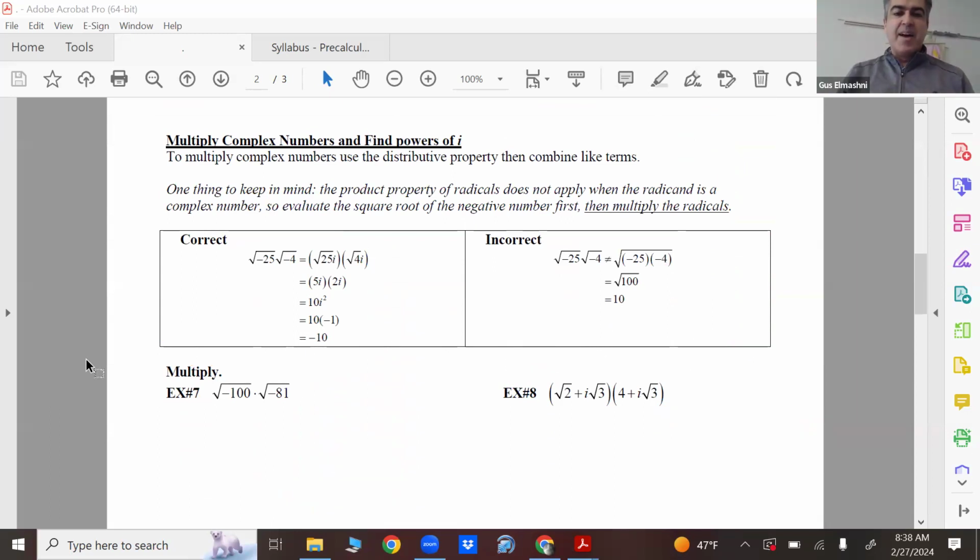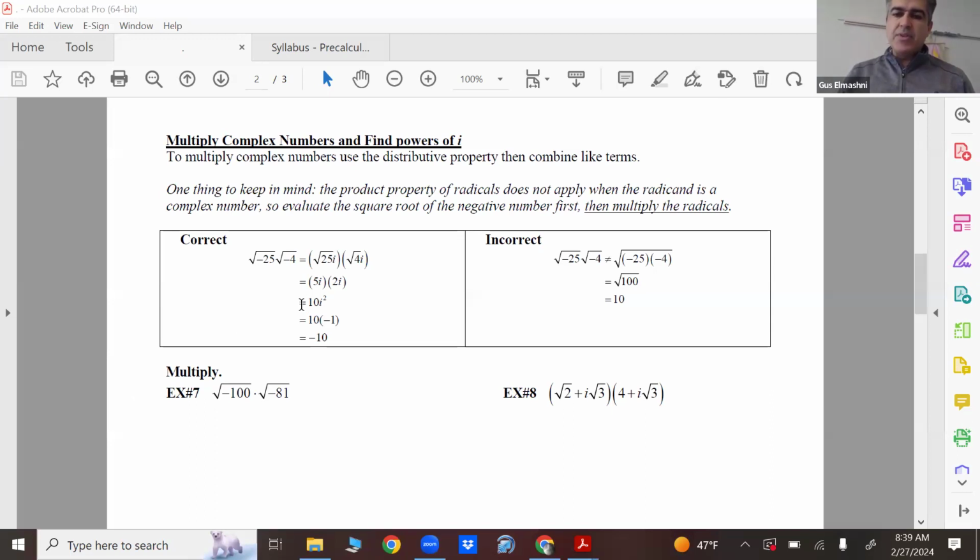So, all right. Anyway, multiplying complex numbers. It's just like multiplying variables, right? Like if you have root negative 25 times root negative 4, it's kind of like saying 5i and 2i, which is 10i squared, or negative 10.